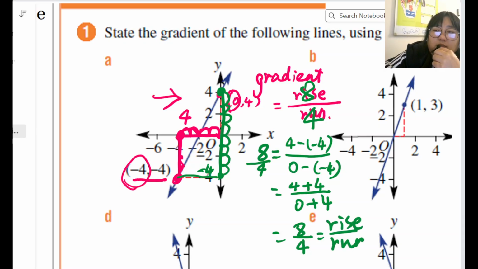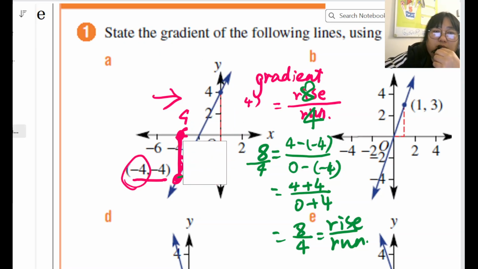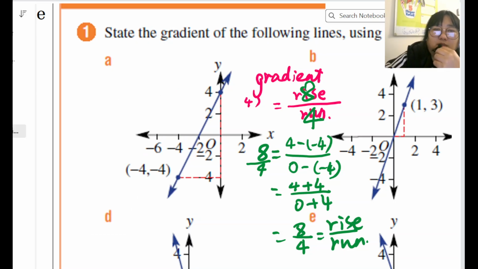So from this example, you can see, where does this 4 come from? This 4 comes from my second point, 0, 4, so I can assume that's my second point y value. And then negative 4 comes from my first point y value, so that is y1. This one is y2, the second point y value.